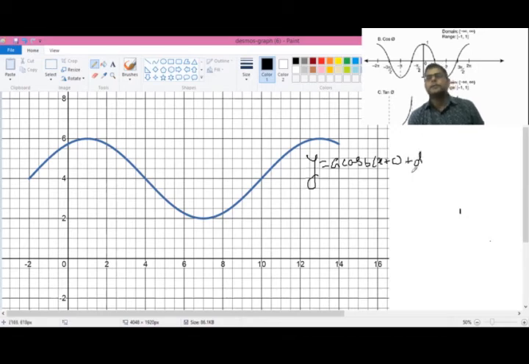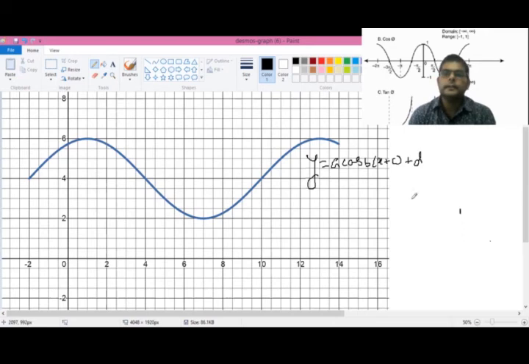Here the translation along the y-axis is represented by d. So if you get the values of a, b, c, and d from this graph, then you will have the periodic equation for this graph. Here a is the amplitude and d is the translation of the graph along the y-axis, either upward or downward of the x-axis.